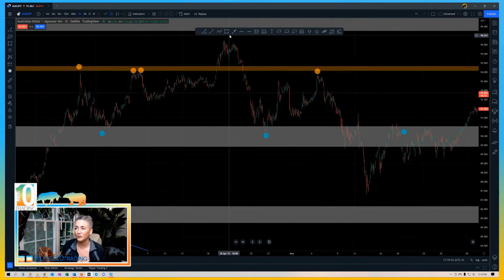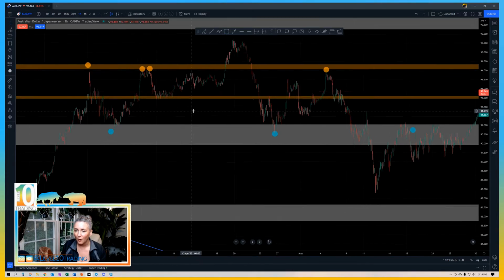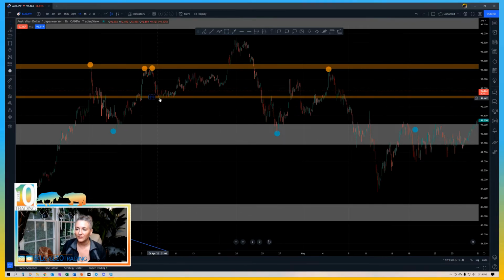It gives you clues. We see a minor level of resistance right here where price came up. It was resistance, price came up, support, and then resistance, came up, support, support, support, blows through it, comes back, retest, resistance. This would have been a valid break and retest entry right here for a sell, because what we had was a previously established zone.